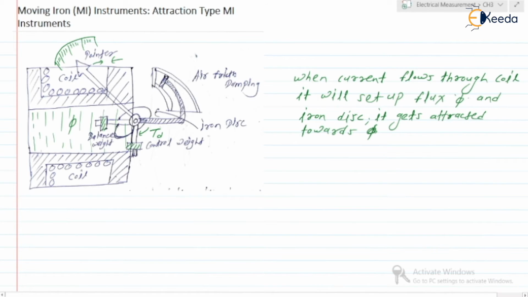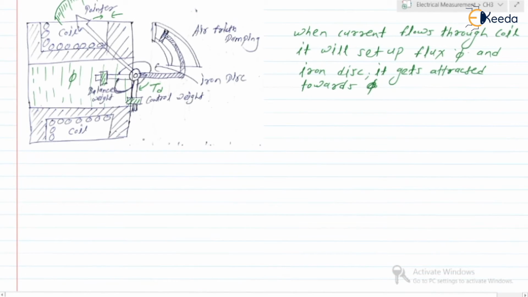Now let us discuss the torque equation. For that, suppose initially there is a current I flowing through the coil.